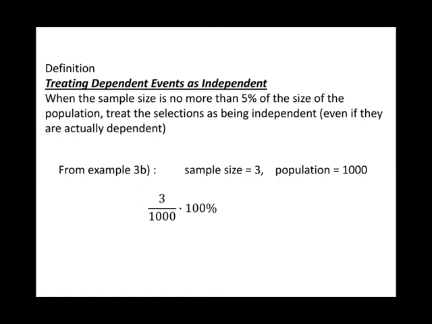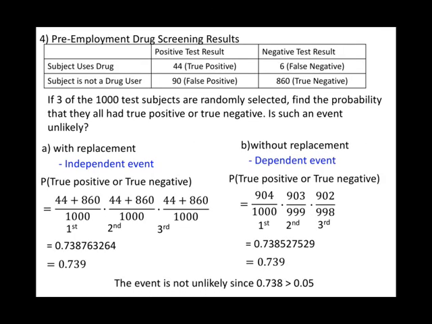It means that if I have these questions, I'm going to see a dependent event, right? I'm supposed to do it this way, pick one from here, pick one from here. But since I know the sample size is really small compared to the population, forget about this one. You could cross this one out. Even though they say without replacement, I will consider this an independent event. I could use this solution. Okay?